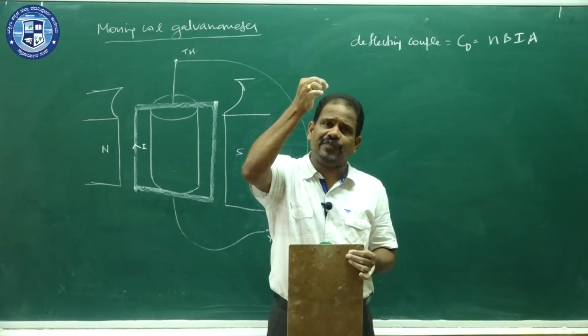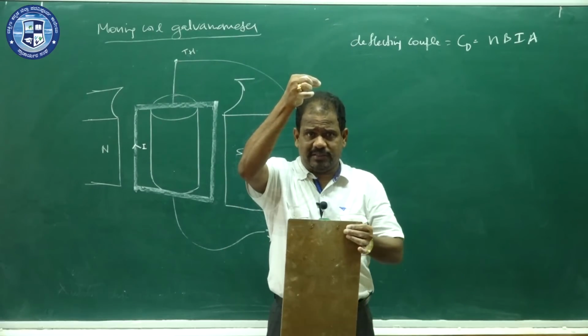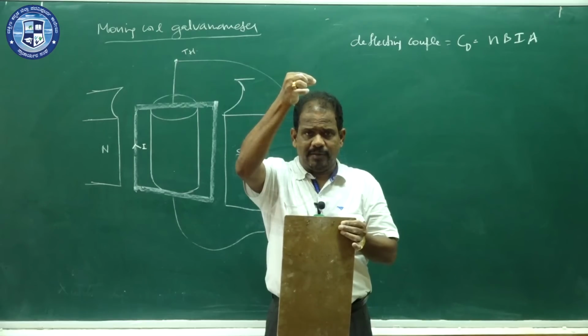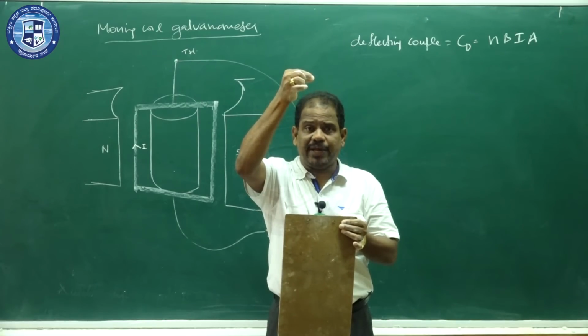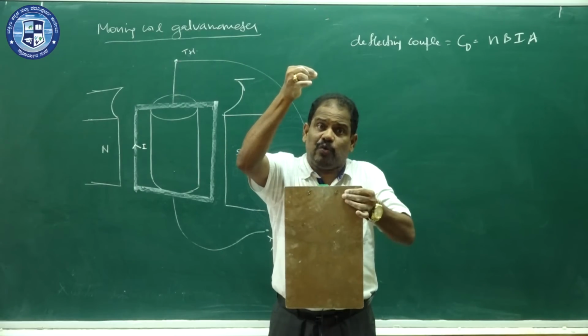And what is the advantage of that? When you pass current, the coil turns. But when you leave the current, the twist will make the coil go back to the original position.